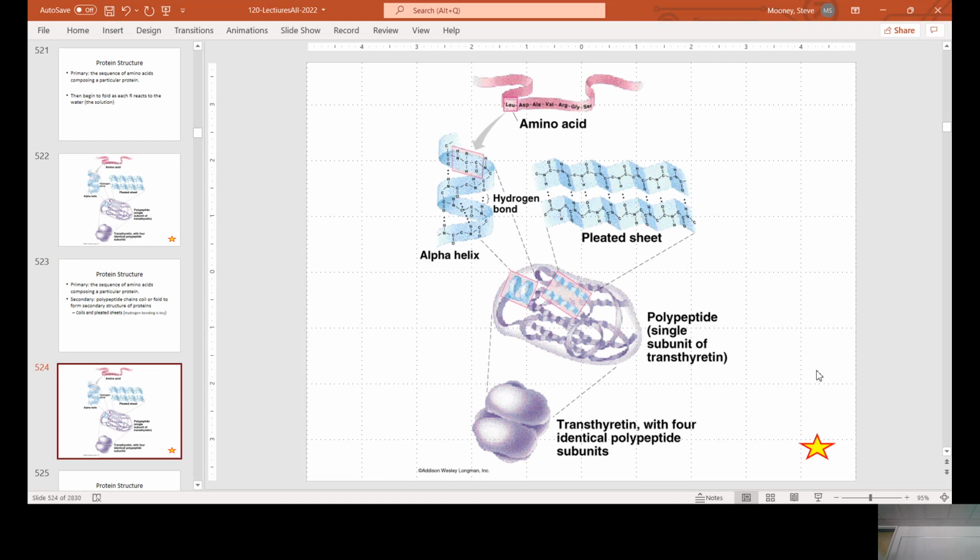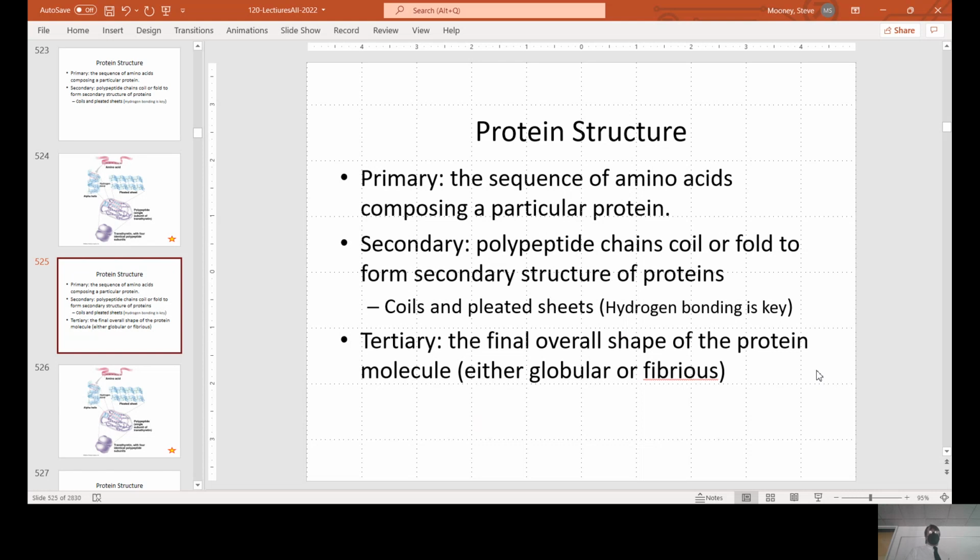So we've got the initial folds, initial sections forming different structures. Then we have those structures interacting with each other to form the final shape of that protein, the tertiary structure. The overall final shape of a protein generally falls into 2 categories. Are they globular, little round balls, or are they fibrous?